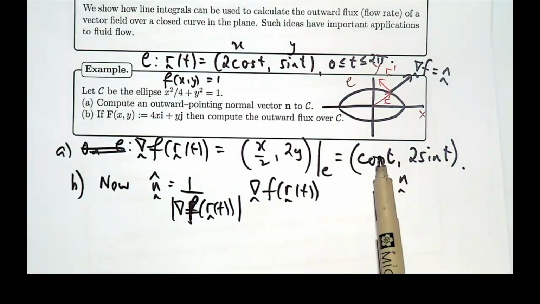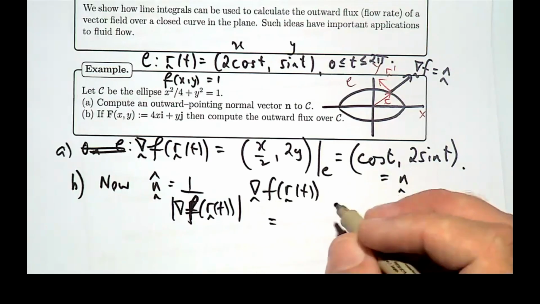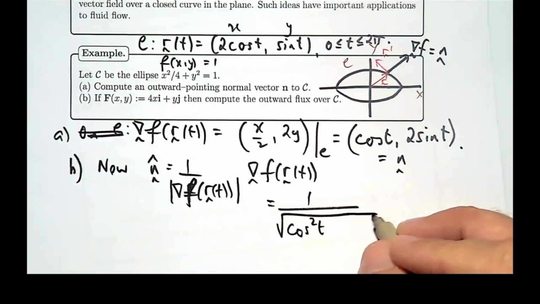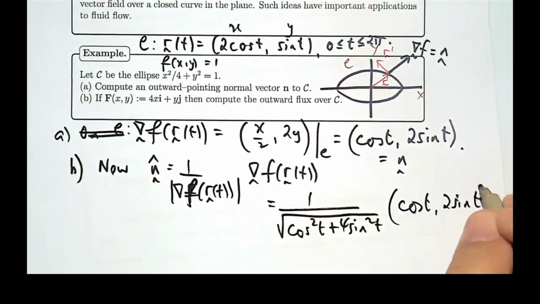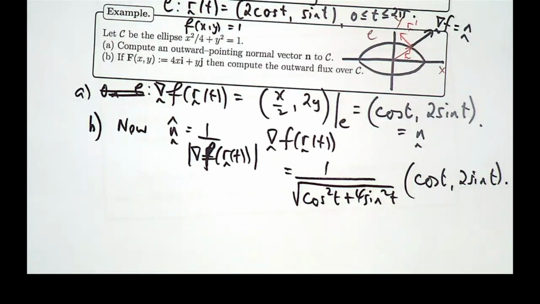The length of that is going to be the square root of cos squared plus 4 sin squared. So that is an outward pointing normal vector that has length 1. All right, so what are we going to do with it? Well, I'm glad you asked. We're going to look at this.